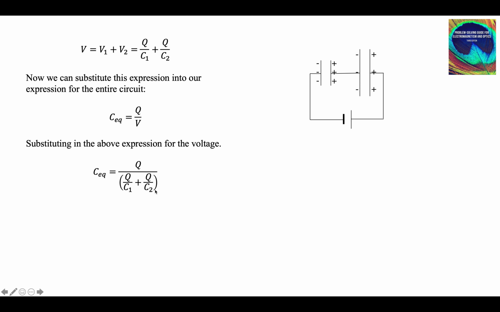Stick that in for V, cancel the Q's, take the inverse of both sides, and we get this expression for two capacitors in series. The equivalent capacitance of two capacitors in series, one after another, is 1 over C1 plus 1 over C2, and that's 1 over C equivalent.